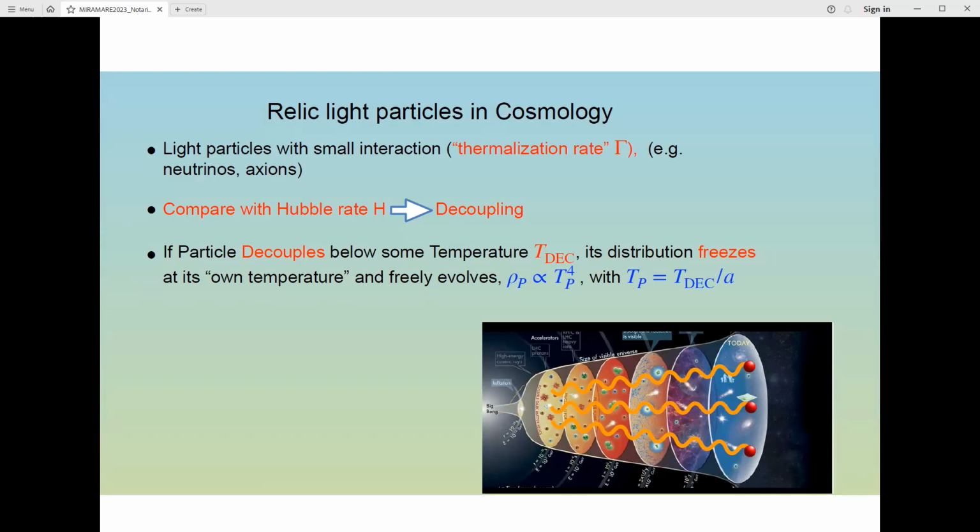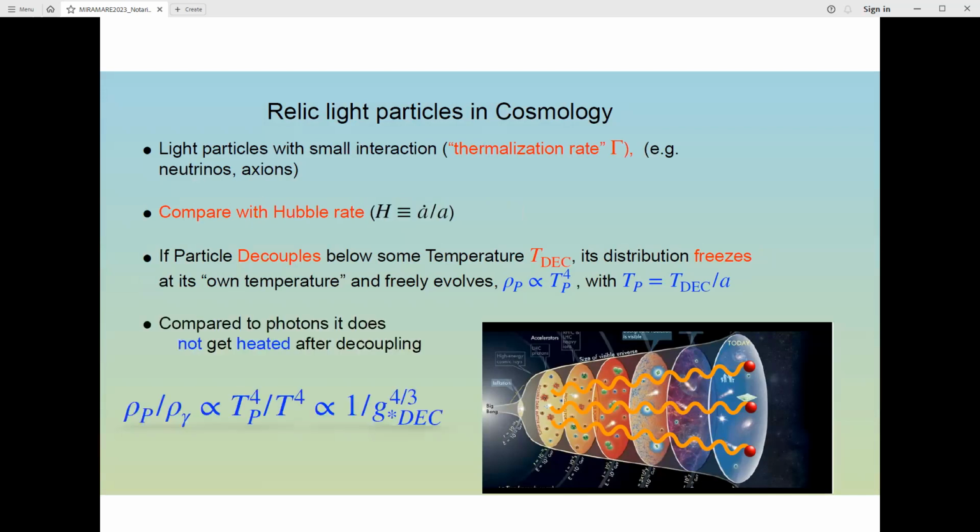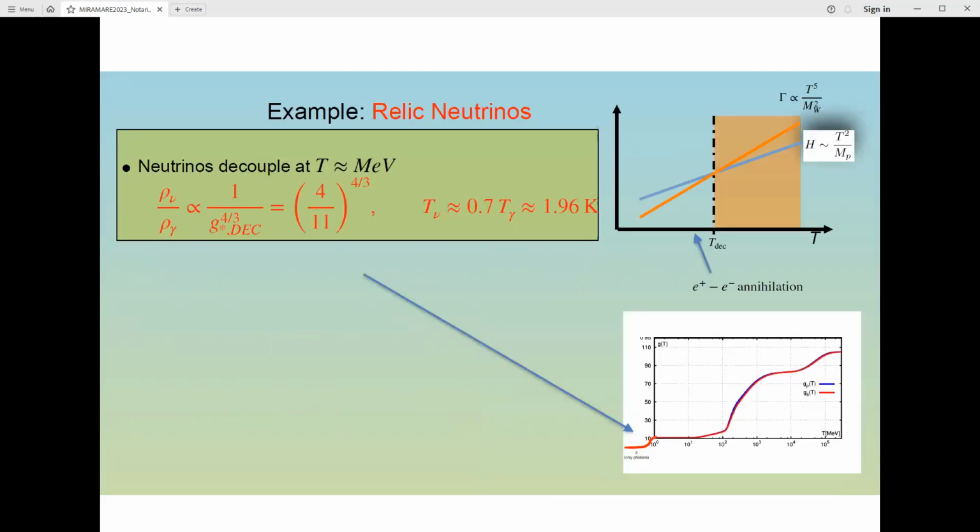When you compare the energy density of the relic particle to the photons, there is a suppression due exactly to this heating of the photons, which is nothing else than a g star factor at the decoupling epoch to the power of 4/3. For example, neutrinos decouple at MeV, and just after that, electrons and positrons become non-relativistic.